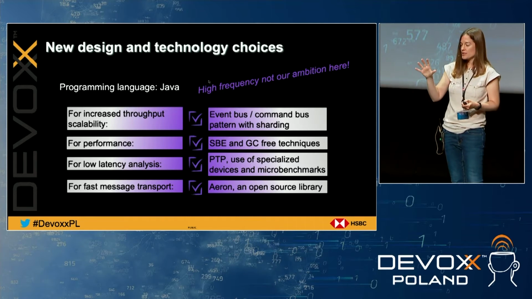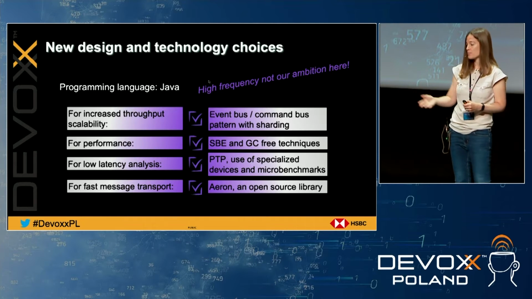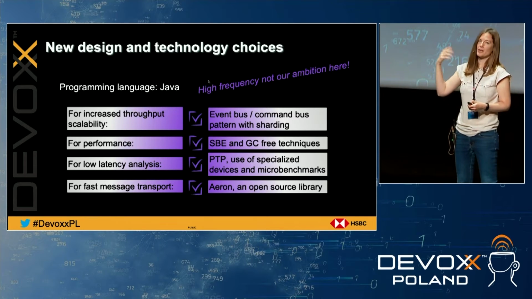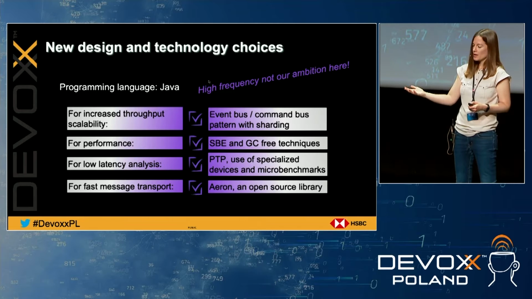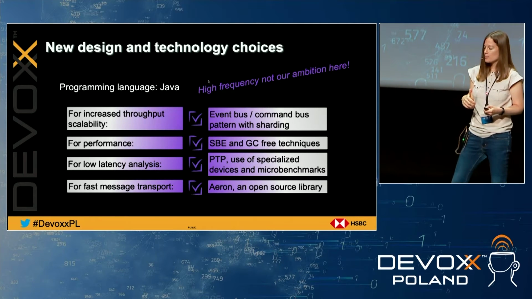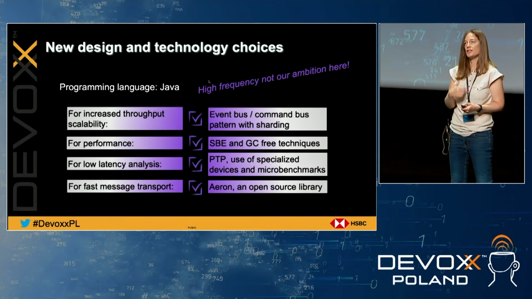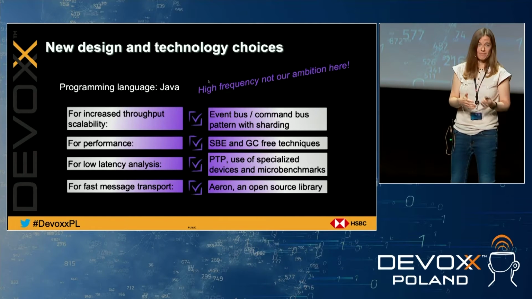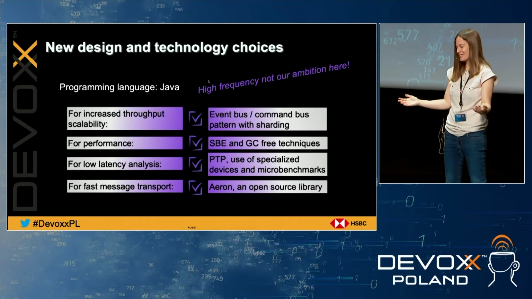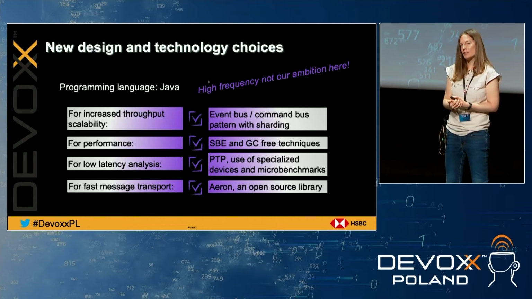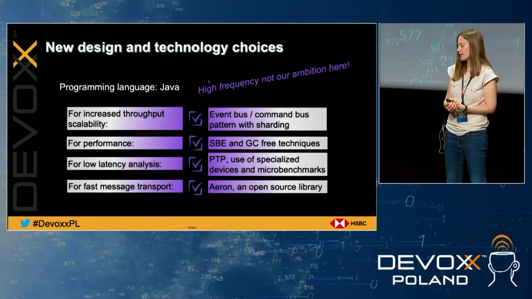For the rest of the presentation, I'm going to go through the different technology choices we've made. To increase throughput and scalability, we've chosen a new design using an event bus and command bus pattern with sharding. For performance, I'll talk a bit about the SBE binary protocol and some of the GC-free techniques that we use. For lower latency, one of the important things is how you measure that latency, so a bit more on the techniques there, and the hardware and software we're using.